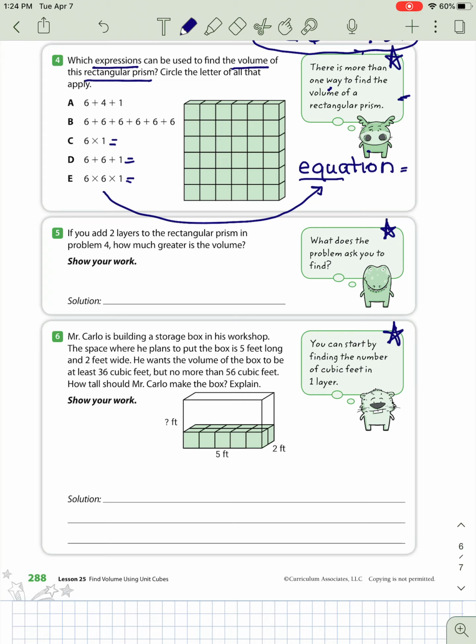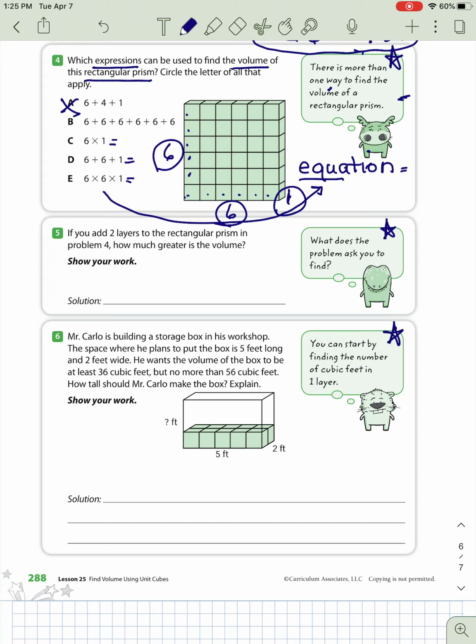Well, one way is I could go layer by layer. 1, 2, 3, 4, 5, 6. This is a 1. And how many? 1, 2, 3, 4, 5, 6. I'm going up. So, is 4 involved? Do I have a 4 over here? Nope. So that can't be it, right?